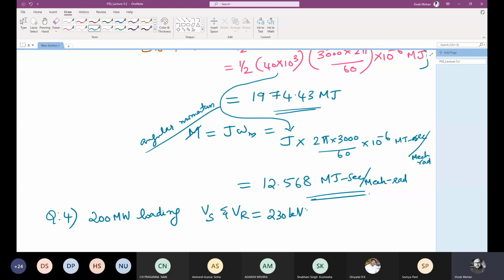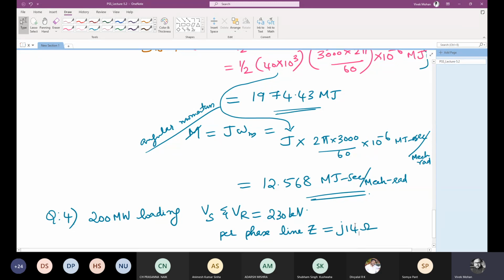The per phase line impedance equals j14 ohms.